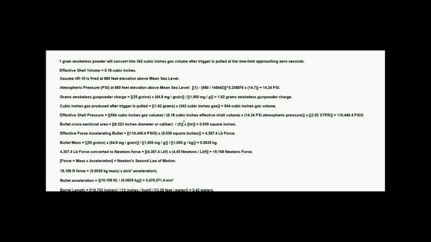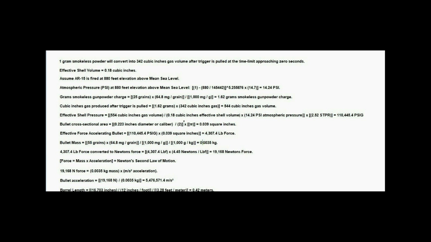This then is multiplied times the bullet cross-sectional area, so 0.223 inches. We solve for the cross-sectional area using pi r squared, which is equal to 0.039 square inches. So when we multiply the effective shell pressure times the bullet's cross-sectional area backing, this will incur 4,307.4 pounds of force, accelerating the bullet out of the shell neck.